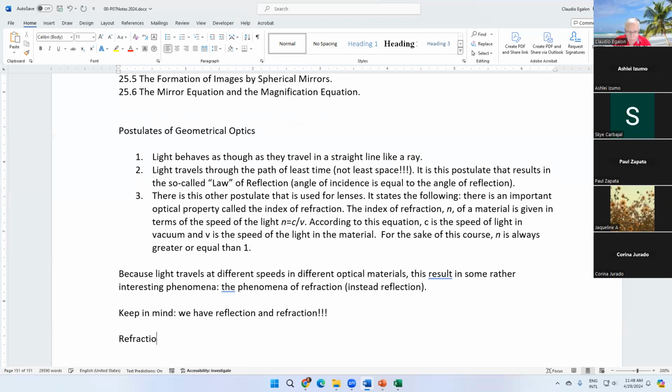Refraction is whenever light travels from one medium of a given index of refraction to another of a different index of refraction.